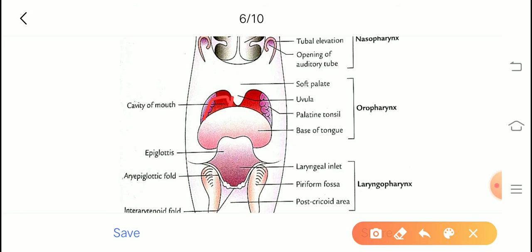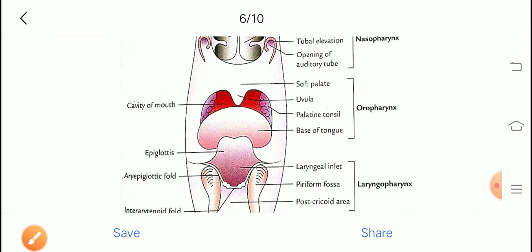Whatever you see in this picture here is forming the anterior wall: the oropharyngeal isthmus and the pharyngeal part of the tongue. The tongue is also somewhat inside the pharynx. That is called the pharyngeal part of the tongue.